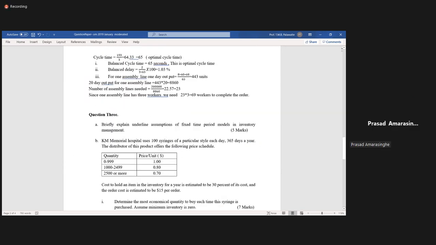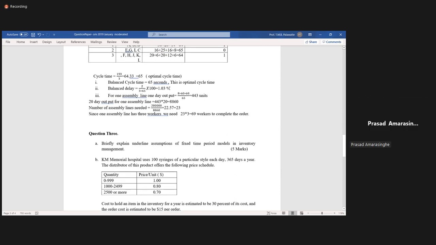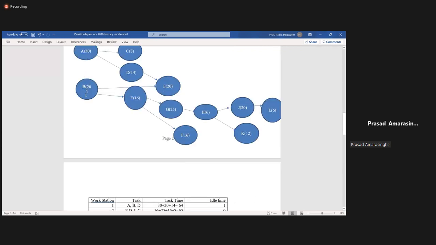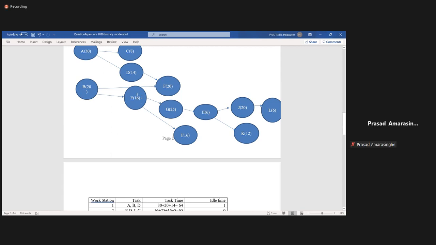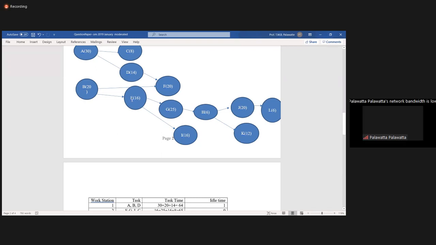Okay. So without considering F, can we go for G and I or any other parts? Yes. Let's say you get the first station A, B, D, and then the possible candidates are C, F, E. Let's say you allocate E for station 2.